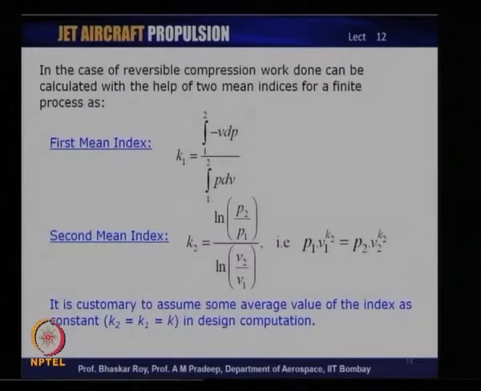So, that is another way of showing the polytropic process. In case of isentropic process, it would be pv to the power gamma equal to constant.